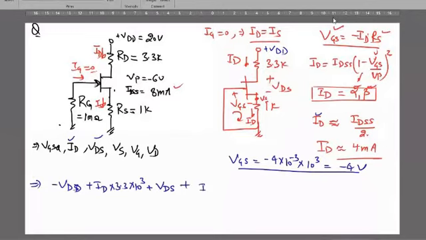RS is 1 kilo ohm. So you put the value of ID, RS, VDD, you will find VDS. I don't think this is a very difficult process.